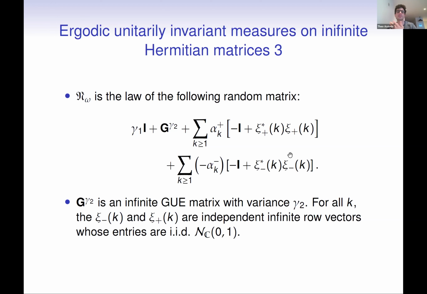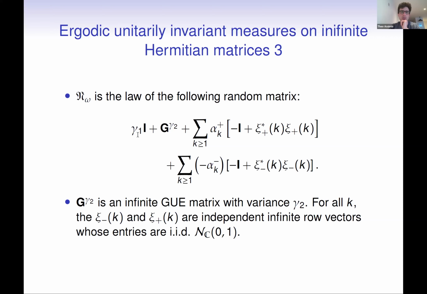And then we have degenerate Laguerre ensemble matrices here. All of them are independent. These are infinite row vectors, so here I get a matrix, and then I get an infinite matrix here, and then I have these parameters, the alpha pluses and the alpha minuses. So it's a concrete description. That's all I'm trying to say here.